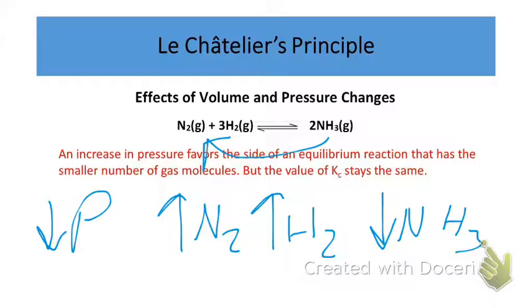The reverse is true. If I decrease the pressure, then the equilibrium will shift to the side where there are more moles of gas, which will result in an increase in pressure of the system to reestablish a new equilibrium. So that's pressure in a nutshell.